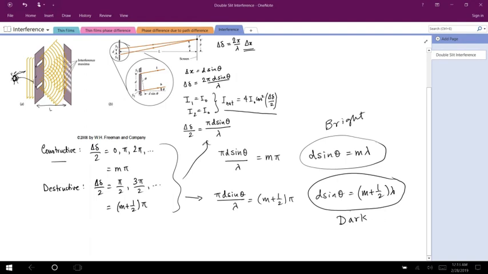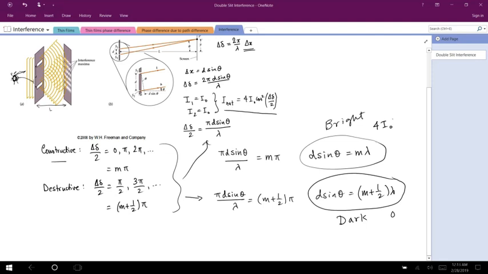And what is the intensity of the bright spots? The intensity of the bright spots is 4 times I naught. And what is the intensity of the dark spots? That's just 0. If I put in delta delta over 2 equals some half-integer multiple of pi, you see that cosine of that will always be 0, which means that the net intensity is going to be 0.